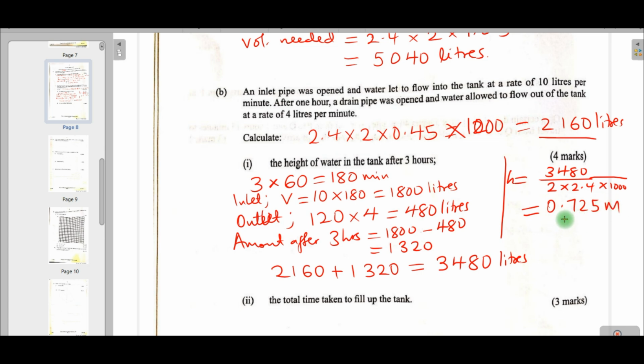So this is the height of water in the tank after 3 hours.